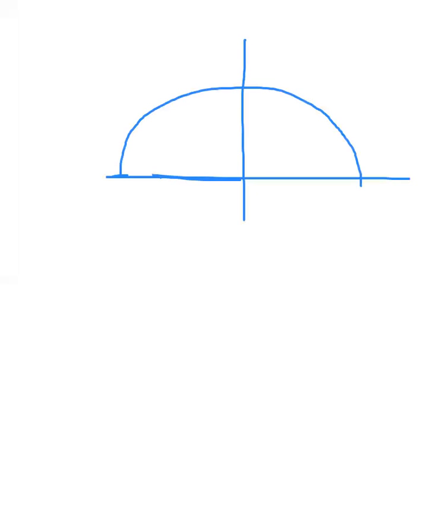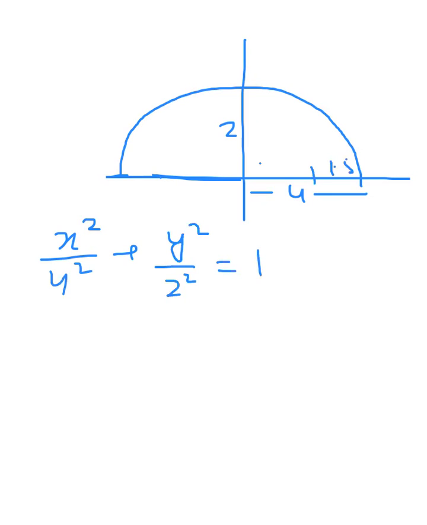So this was 8 meters wide, so this is 4 and this is 2. So the equation of the ellipse was x square upon 4 square plus y square upon 2 square equals 1. Now this was 1.5, so this length will be 2.5. We need to calculate at the point, say, x, y. The x value is 2.5.